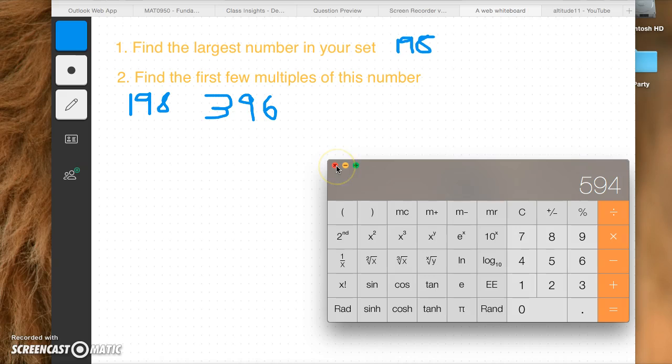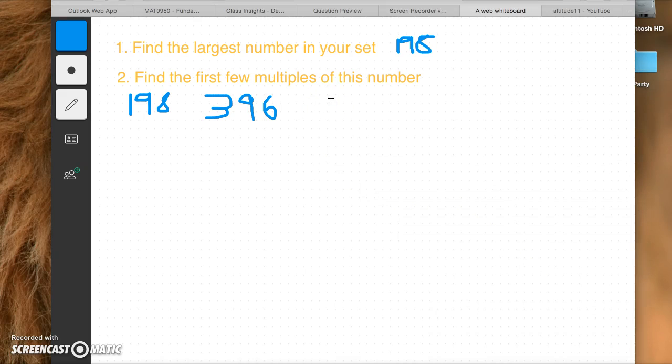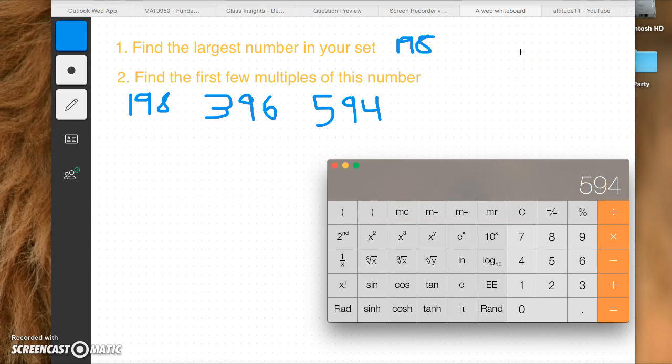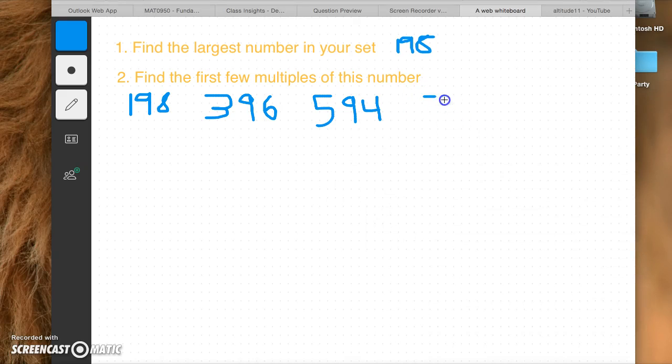That's 594. And let's do one more here and see if we luck out. 198 times 4. That is 792. So these are the first 4 multiples of our largest number, 198.